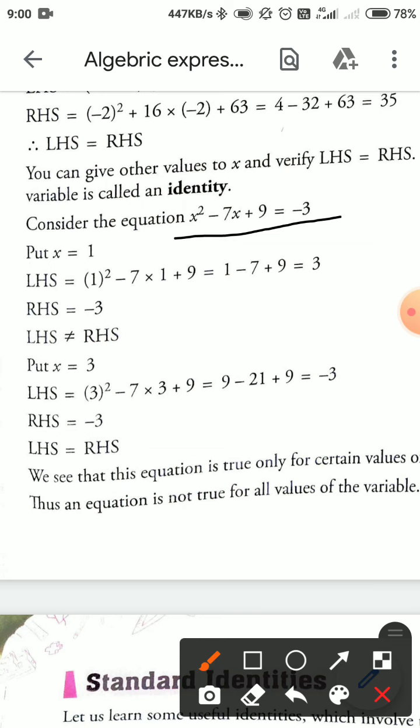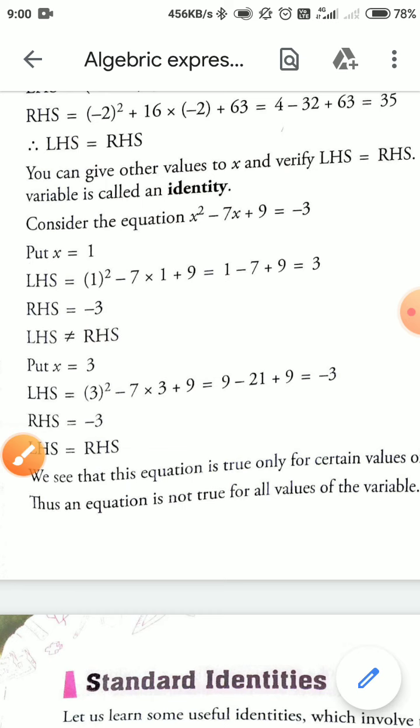And if we put x equals 3, we will get the value of this expression x square minus 7x plus 9 equal to minus 3, which is equal to the right hand side, right? So clearly we can see that this equation is not true for all the values of x. That's why this above equation is not an identity.